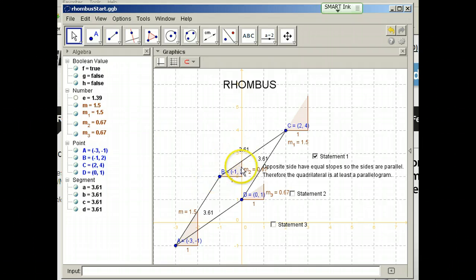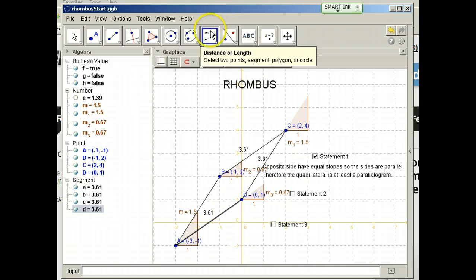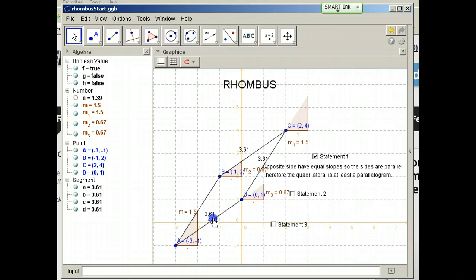Since it's a parallelogram, that means the opposite side here must also be 3.61. I'll show that it is. So I have that all four sides are 3.61.